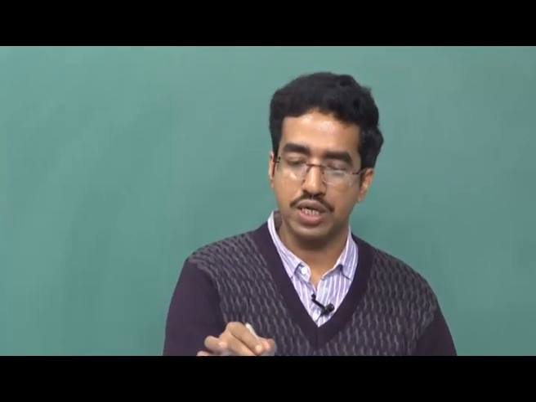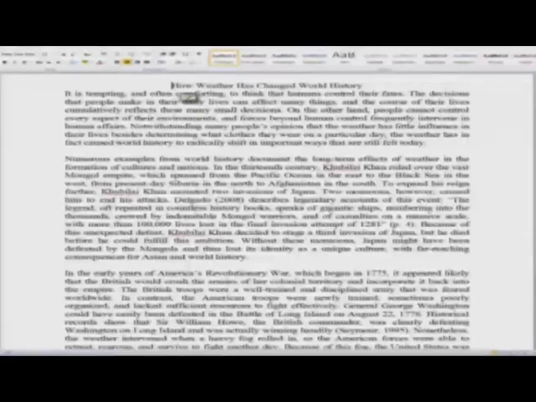So, just a quick recap. The introductory paragraph here talks about how the weather has caused world history to radically shift. That is the thesis statement, and then the body of the paragraph gives several instances to prove this, that world history has changed because of the weather.